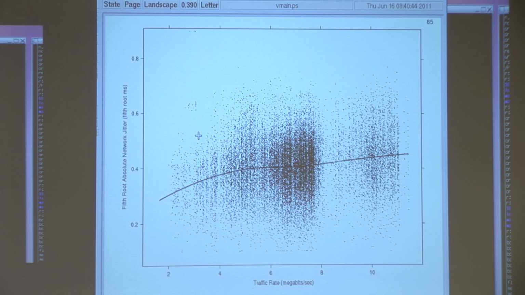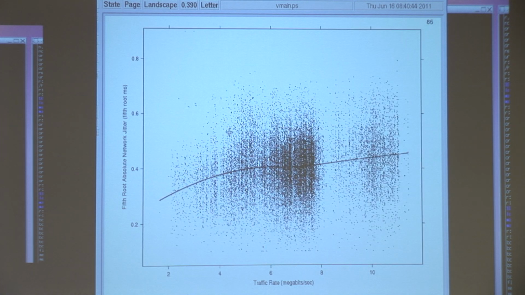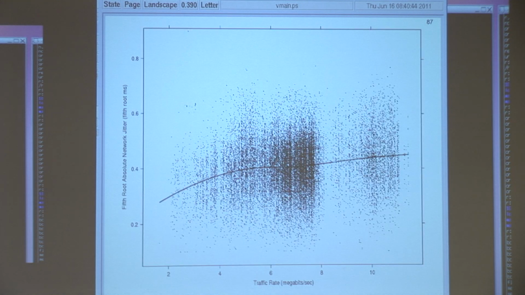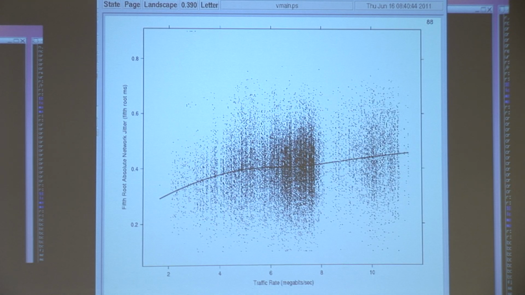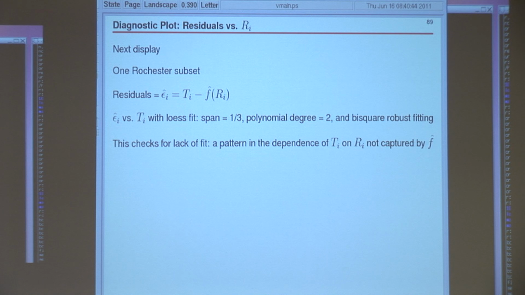So anyway, here it is. So here's the fit to one subset. Here's the fit to another. Whoa, that looks pretty similar, doesn't it? A third, a fourth. I'll be darned. So it turned out as we started looking at these things, we said, oh, these things look remarkably similar within each site. Well, anyway, I guess after the fact, once you discover something, if you tell somebody, by the way, we made this amazing discovery, some network engineer will go, well, of course.